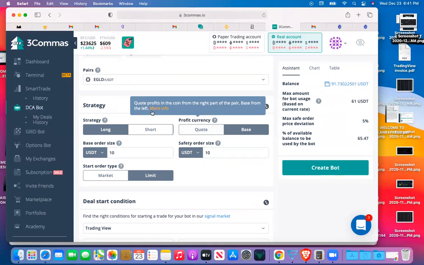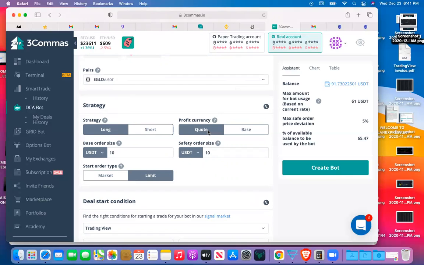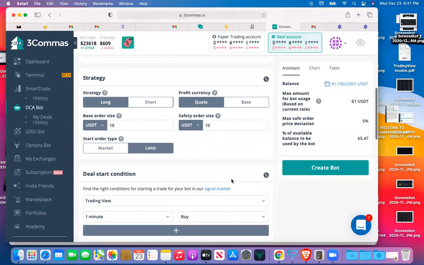So, which coin is the right? USDT. Base from the left, which one? EGLD. So if I want my profit to be taken in EGLD, I will click on take profit on base. But I want to have my profit in USDT, so I will leave it on quote. Now, there are things you need to know.